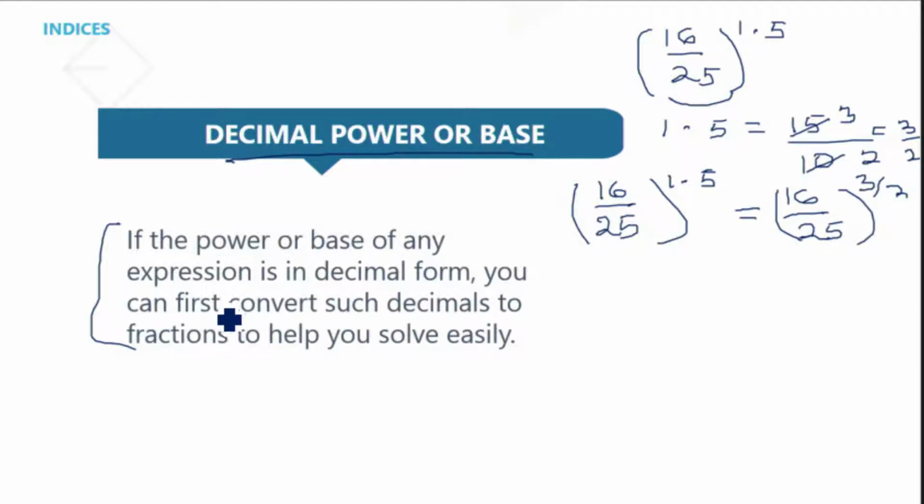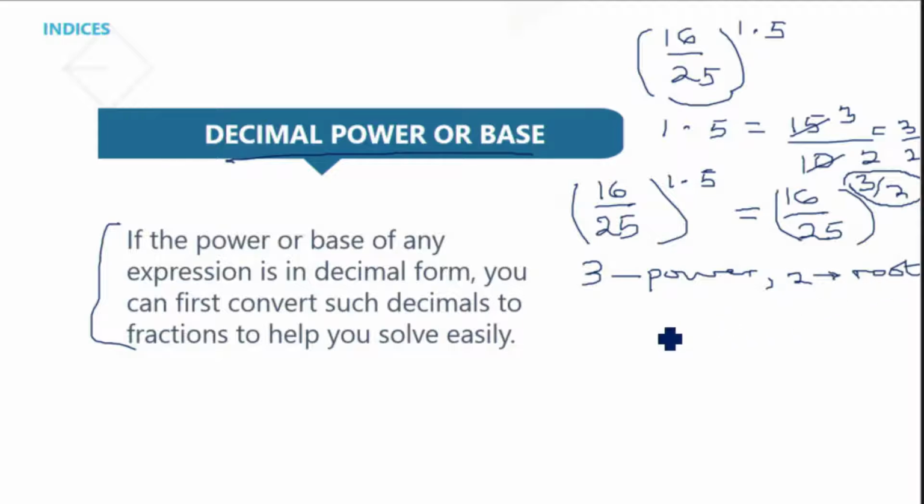And remember what we said, this is a fractional power, okay? We have a fraction here as the power. And remember what we said about fractional powers. The numerator is regarded as the power, while the denominator is regarded as the root. So 3 is our power here, and 2, the denominator, is taken as the root.